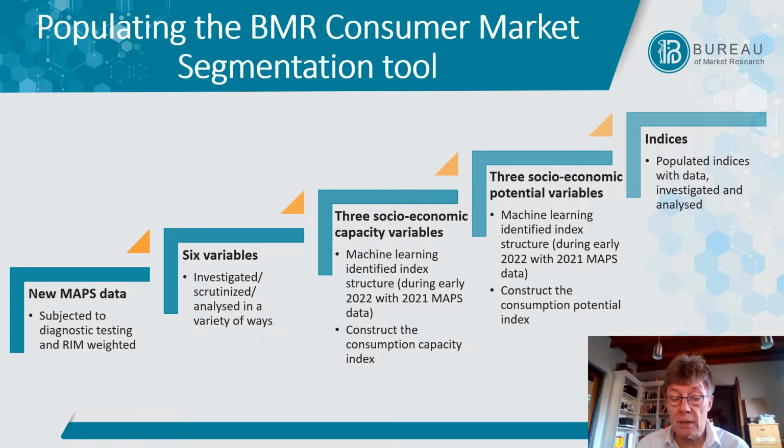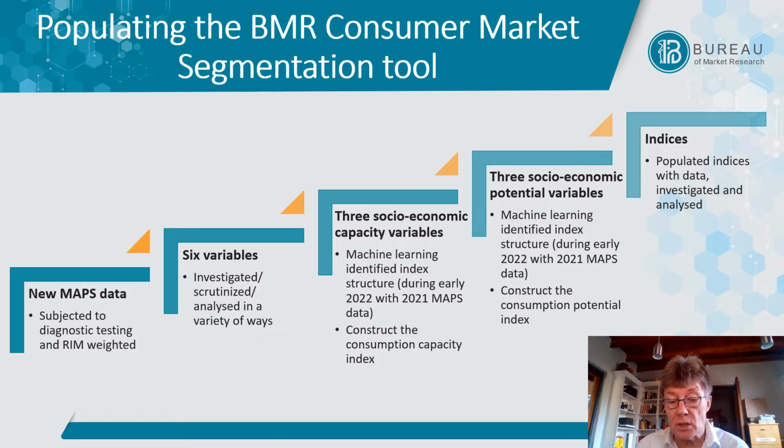The six variables, namely the three consumption capacity variables and the three consumption potential variables, were then checked in a variety of ways for reliability, for validity, for structural integrity, and we also did some parameter checks to ensure, for example, that this really reflects reality.